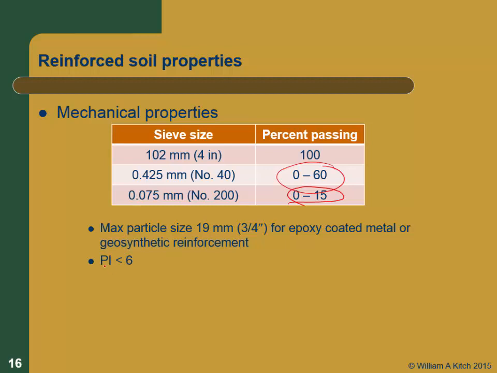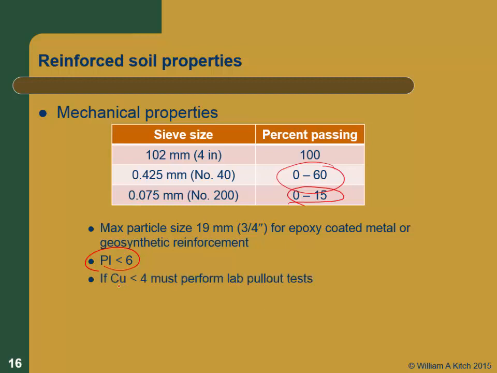This is how you make sure that, if you do have fines, they are silts and not clays. By just limiting your plasticity index, you don't need to do a hydrometer analysis. You just make sure you have a really low plasticity index for the fine material that's in there. If you've got a PI of 6 or less, then you shouldn't have a problem. You essentially have silty sands then, and you don't have clayey sands.